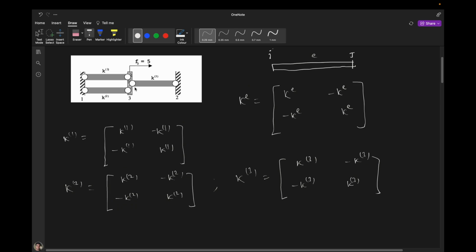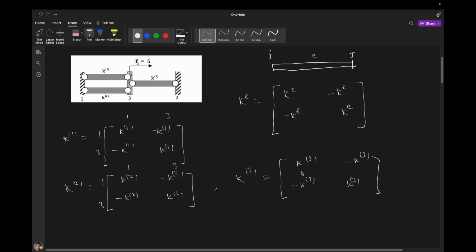If I want to mark this bar number 2, the numbering for this bar is 1 3 and 1 3. Similarly for bar number 1, the marking is 1 3.